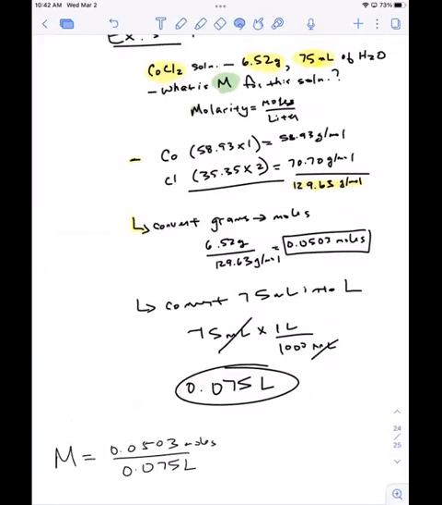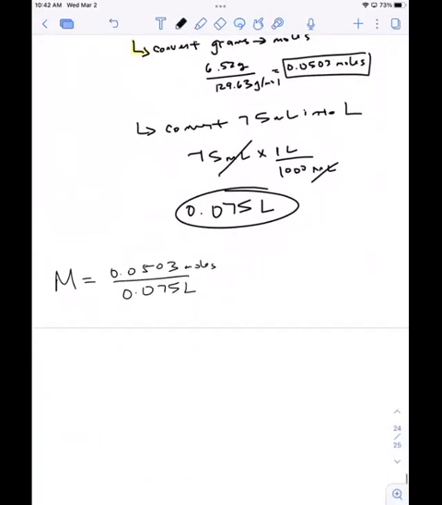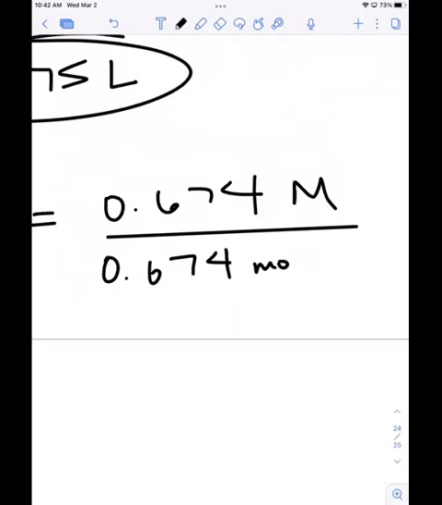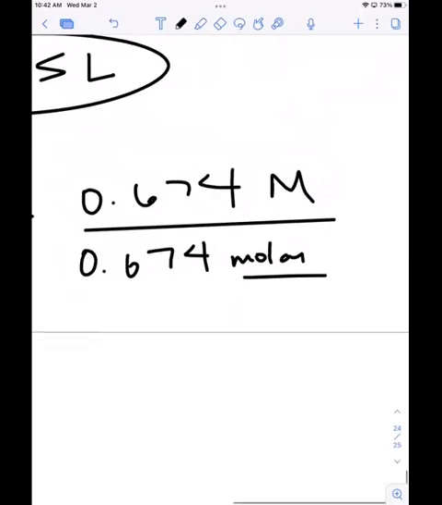If you calculate that, you should get roughly 0.674 molar. If you were to write it out, you would say a 0.674 molar solution. That's how you'll see it.